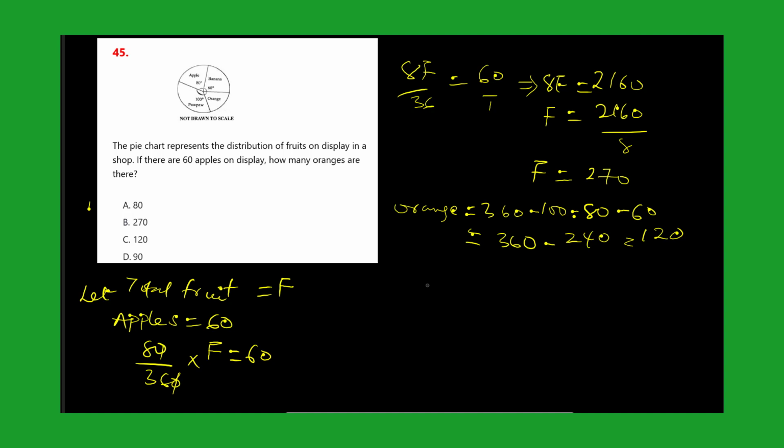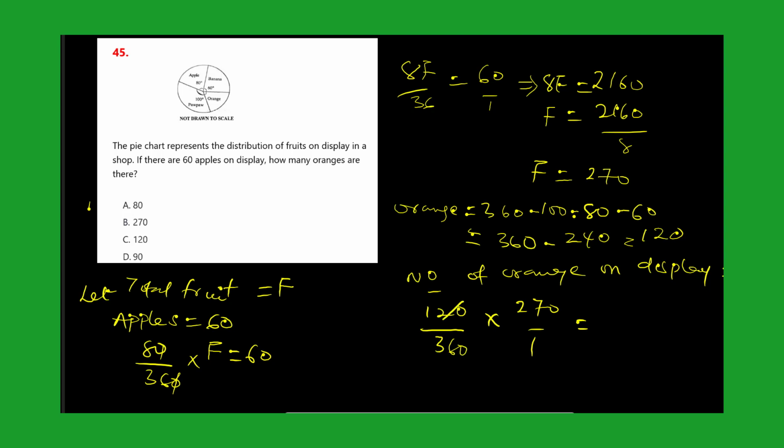So the number of orange on display equals 120 over 360 multiplied by the total fruit, which is 270. So the number of orange on display is 90, which is option D.